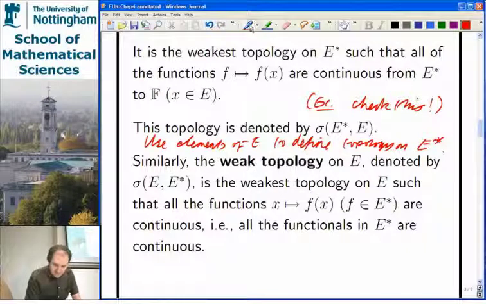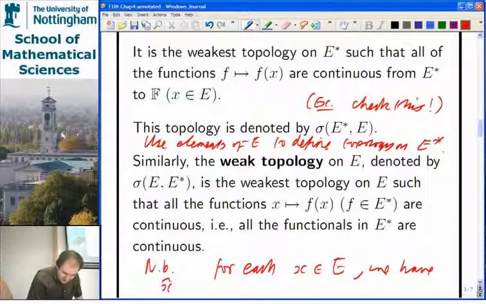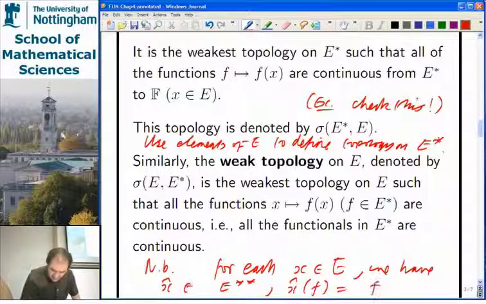Another way to think about this is, for each x in E, we've got x hat in E star star, defined by x hat of f equals f of x.